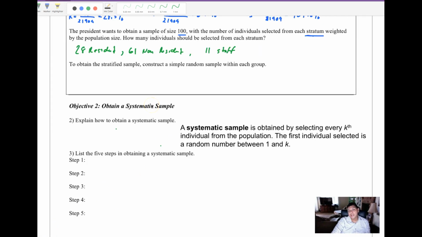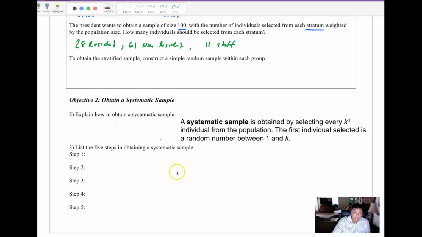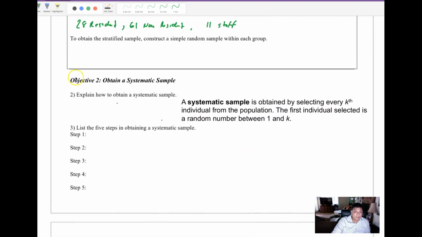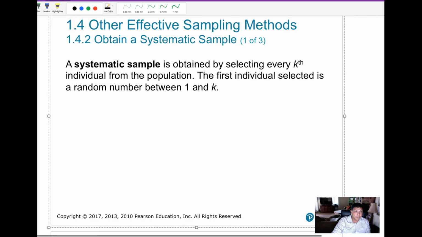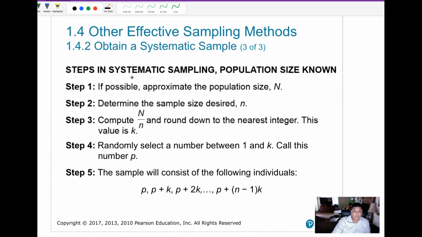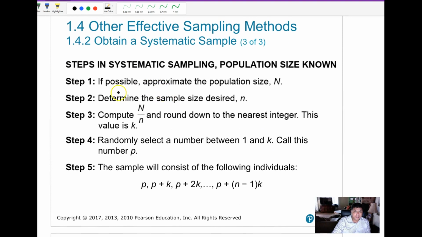And so what is a systematic sample? Again, it's obtained by selecting every kth individual from the population. The first individual selected is a random number between 1 and k. There are 5 steps we use to do that. And again, it comes from our PowerPoint or from our book or from our notes. Here are the 5 steps. Seems more complex than what it is.